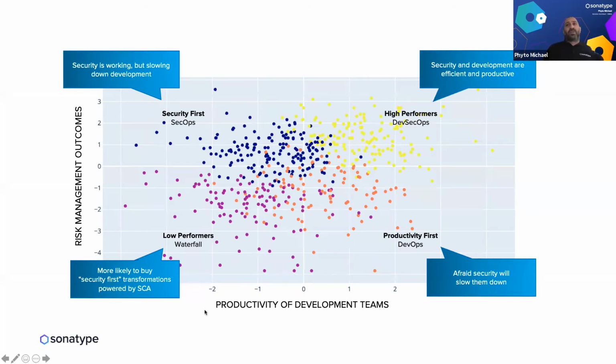And then the bottom of the quadrant, we've got low performers, which basically put security first, and really they need to be transformed into looking at how they can perform better development with more security focus. And productivity first, the bottom right, which is basically develop a product and security falls to the wayside. So there are all the quadrants which have come into place, the different organizations and how they sit.